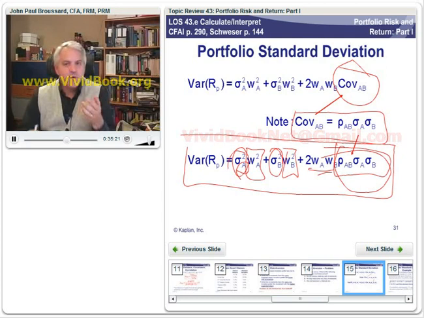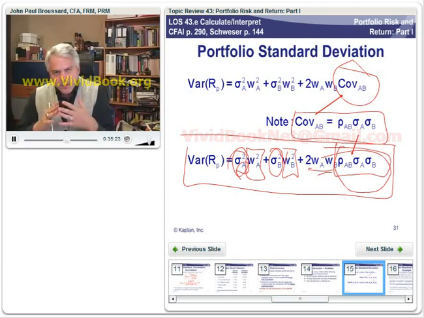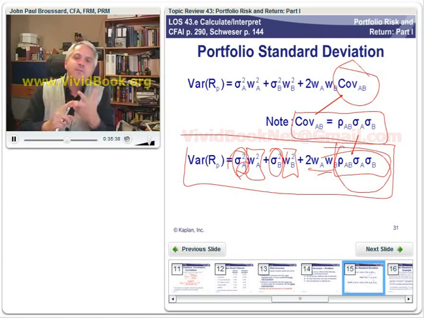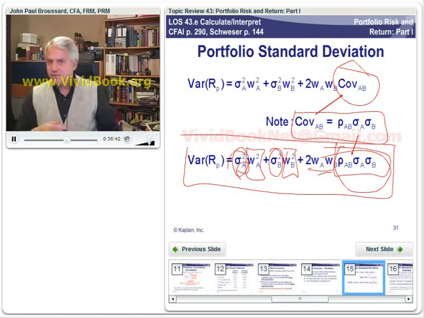Remember, in every measure of risk for every portfolio, you have to have the individual risk number, you have to have how much you have of it in your portfolio, and you have to have the various indicators of co-movement amongst all the pairs in your portfolio. This is a pretty straightforward example because we only have two assets.